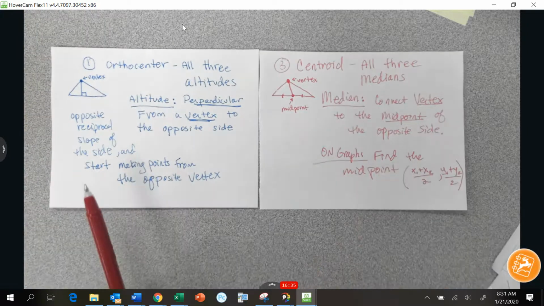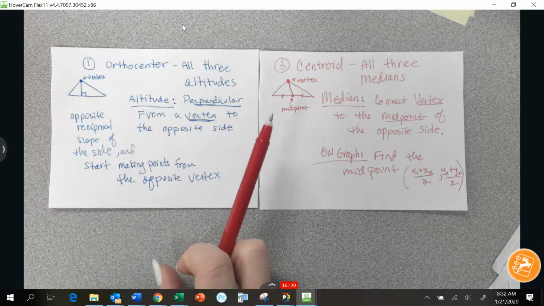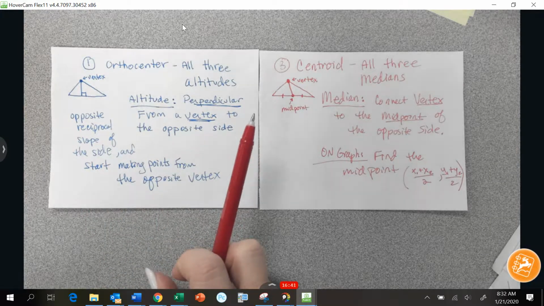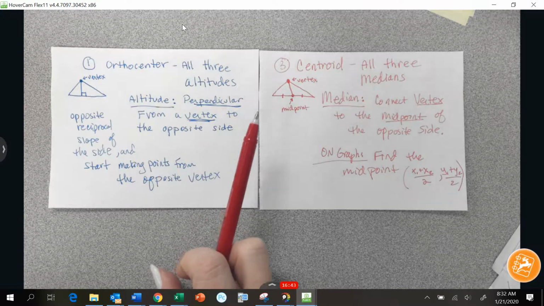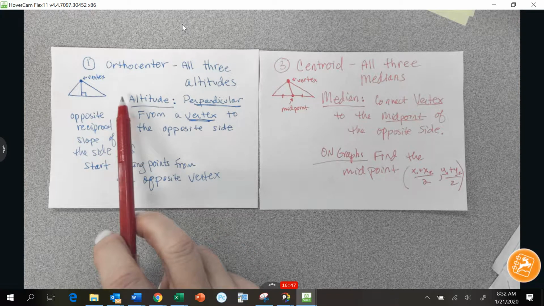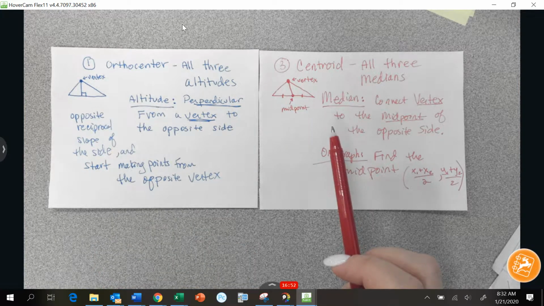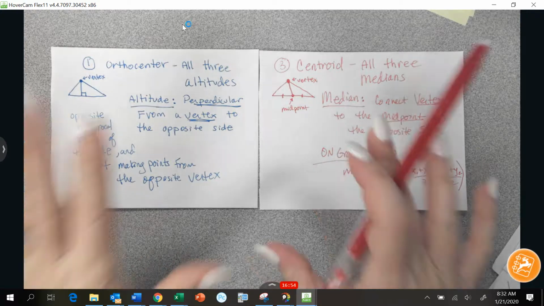How are they in common? Both go through the vertex. What do they have different? What'd you say, John? Orthocenter has to be perpendicular, and centroid has to go through the midpoint. These are different, but I see where they're easily confused because they have things in common.